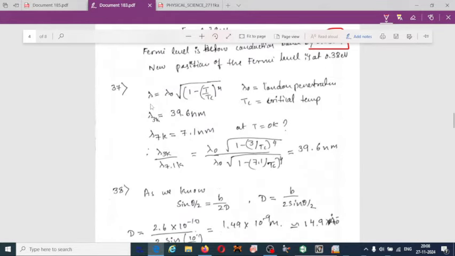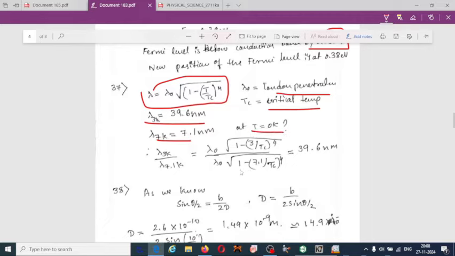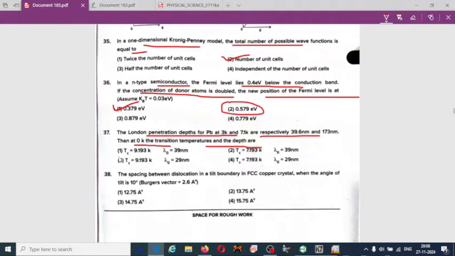We use this equation to calculate the depth lambda, where lambda naught is the penetration depth and Tc is the critical temperature; they have given these two values. At T equal to 0 Kelvin we should find out. However the depth is 39.6, we should check the critical temperature. From these two options, correct.